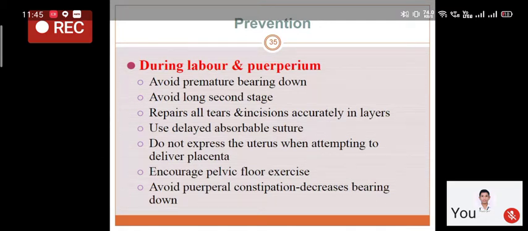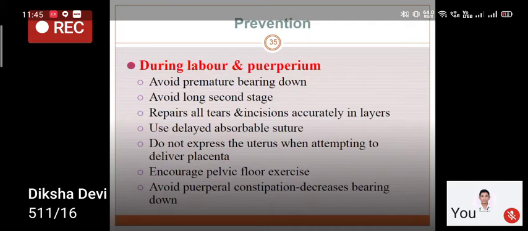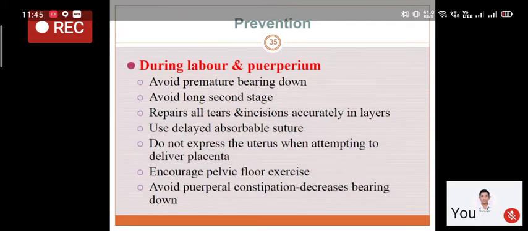For occurrence of prolapse, all the tears and incisions which you have given, like a large episiotomy incision, or any vaginal tear during delivery, should be repaired accurately in layers with delayed absorbable sutures, and do not avoid taking delivery.